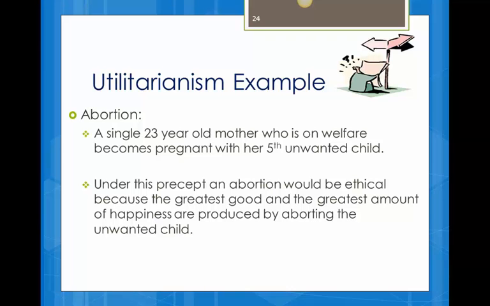So let's say the baby was the only boy born to the family, and he would be the heir to the entire estate. This child would then contribute to the greater good of the family and society by being the only male heir. So in that situation, if it was switched, then the utilitarian would say, no, she needs to keep the child.